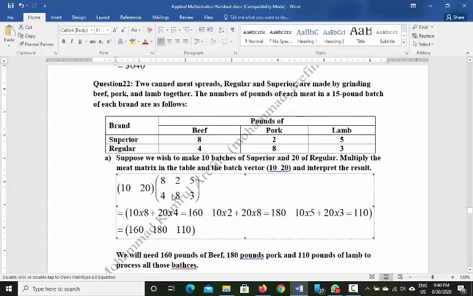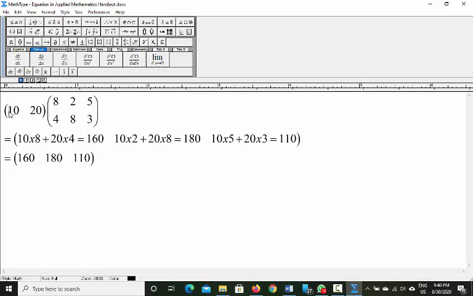The question is asking us to multiply these two and interpret the result. This is the batch vector. This one represents we want to produce 10 batches of superior and 20 batches of regular. In the meat matrix, this is the row for superior batch and this is the row for regular batch.